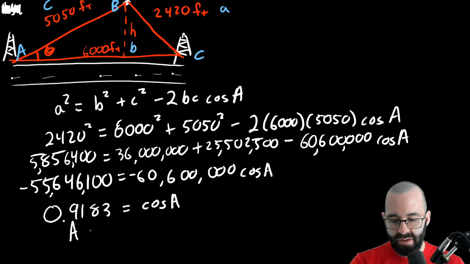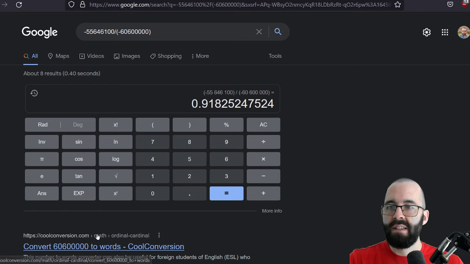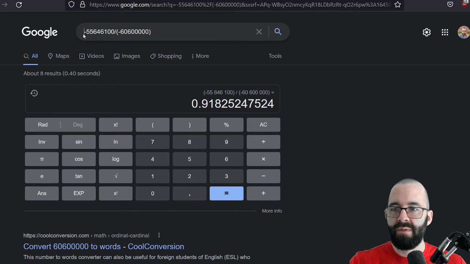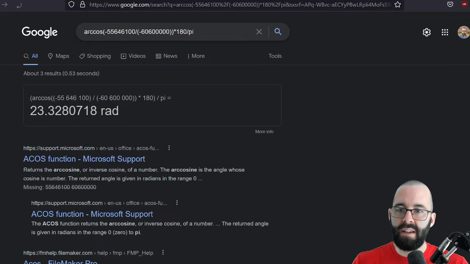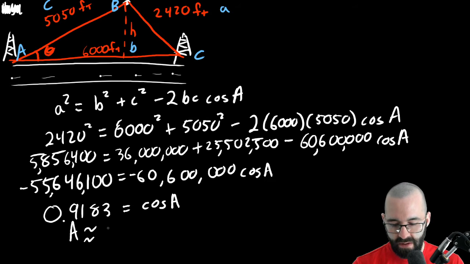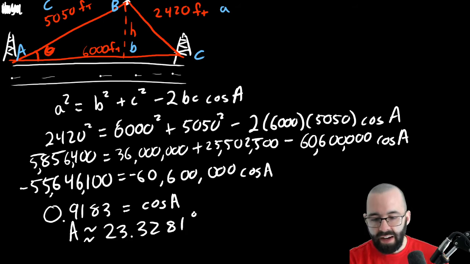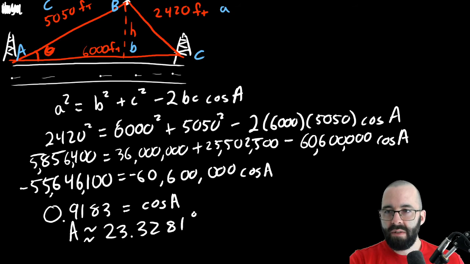A is going to be the arc cosine of this. Use a calculator. Arc cosine of this, convert it to degrees, and we're going to get 23.3281. Woo, degrees. All right, so where is the cell phone?